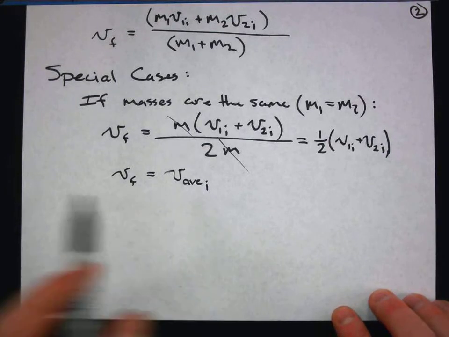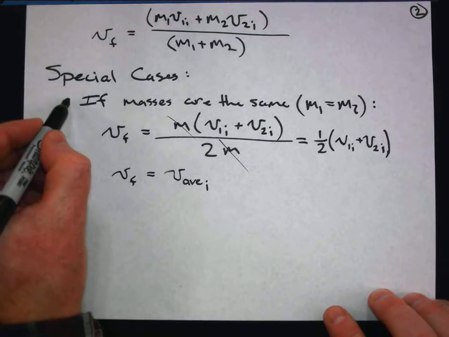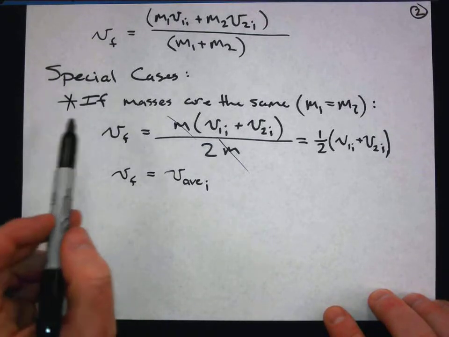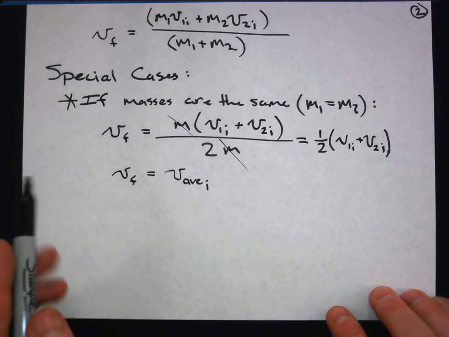All right, fair enough. Now, though, the other special case. This was one special case here, where the masses were the same. The other special case comes about where one of the objects is going to be motionless.